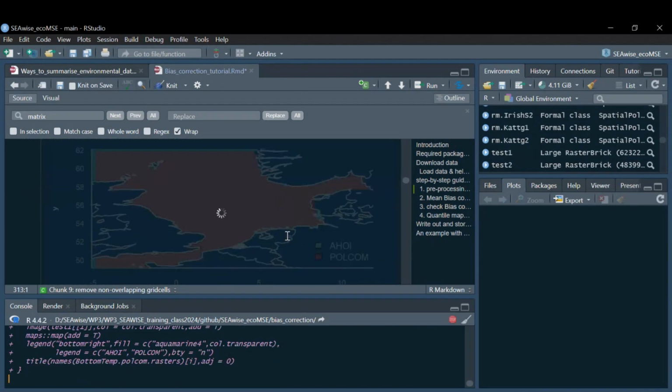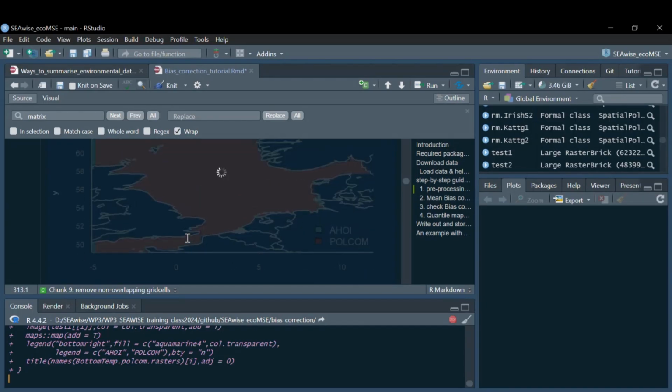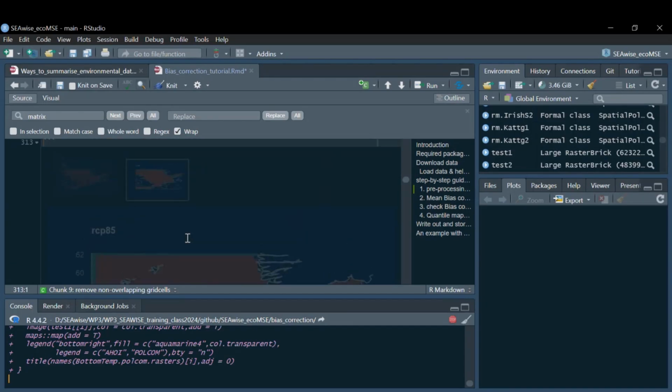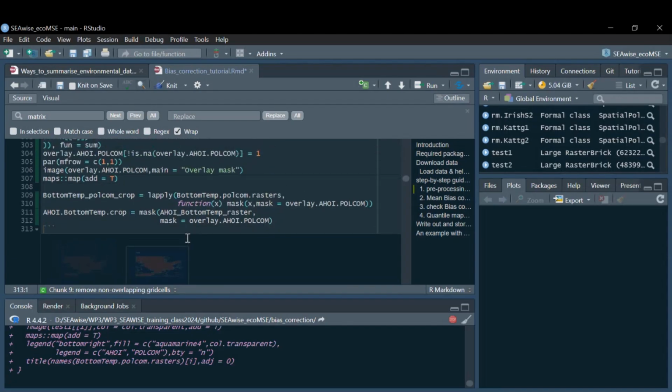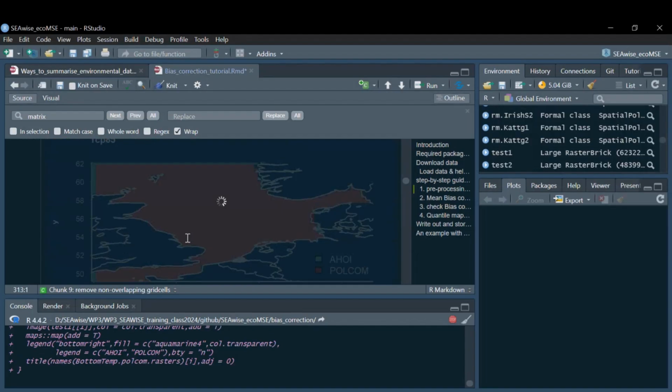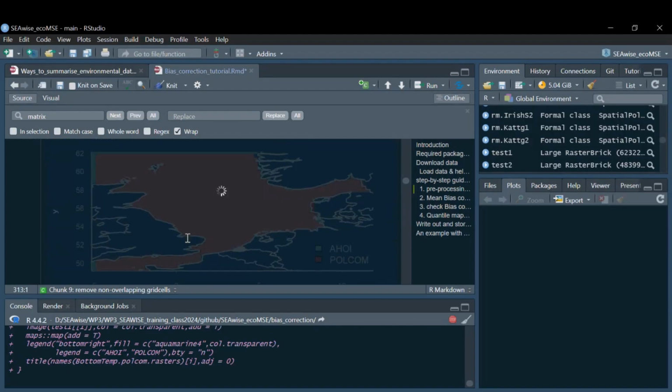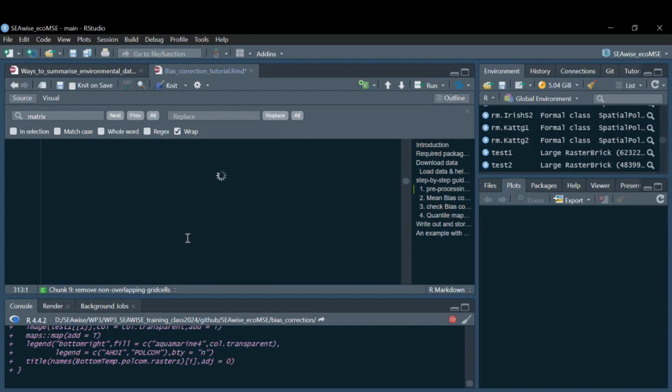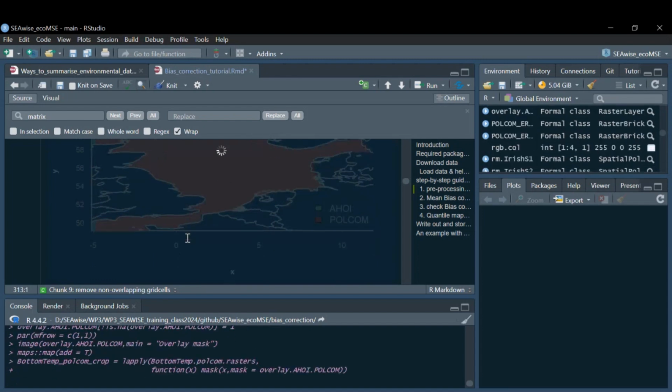So you see that there's a bunch of data missing in Polcoms-Ersem because maybe I accidentally cropped it. But you see it in the HTML file anyway, right? What comes out of this chunk. And you really need to make sure that they have the same spatial grid points, right? Both.